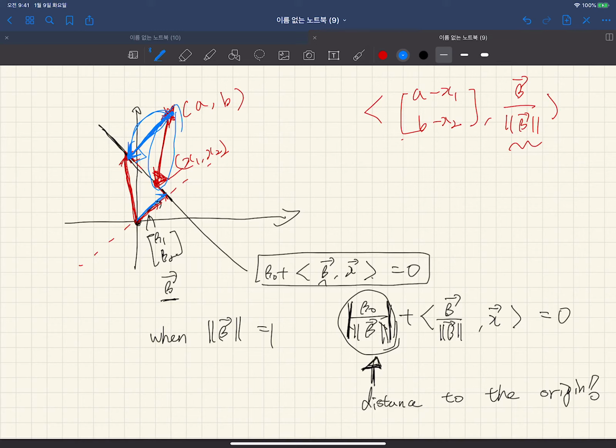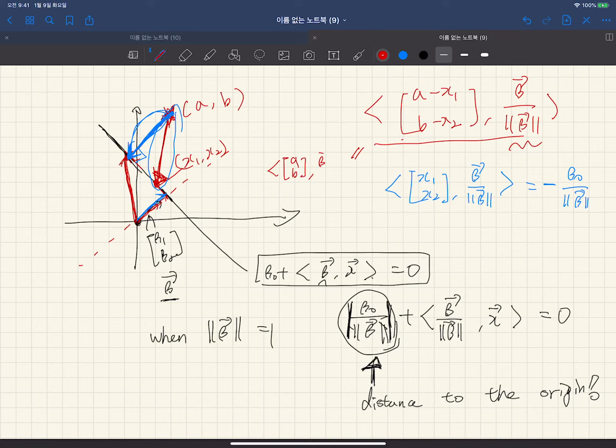You know the inner product of x1, x2 and beta is equal to minus beta 0 over the norm of the beta vector. We already know this. So from this, the inner product is equal to the inner product of AB and beta over the norm of beta vector, plus beta 0 over the length of beta vector. That's it.